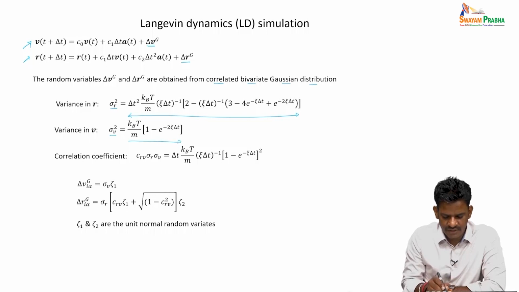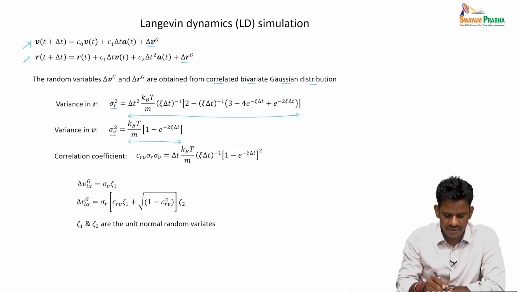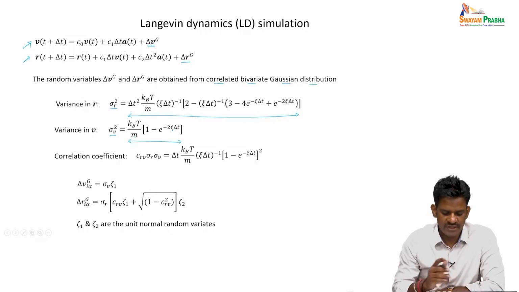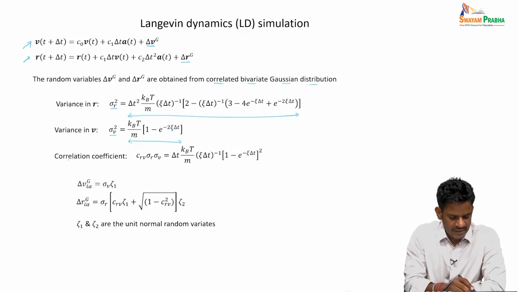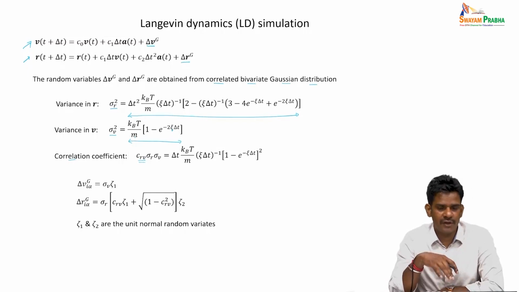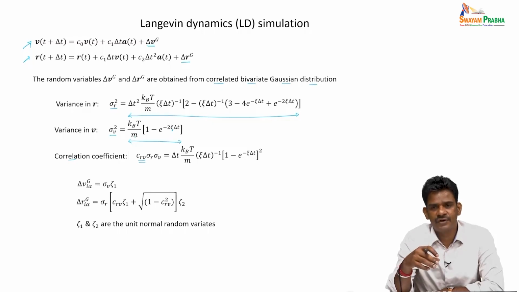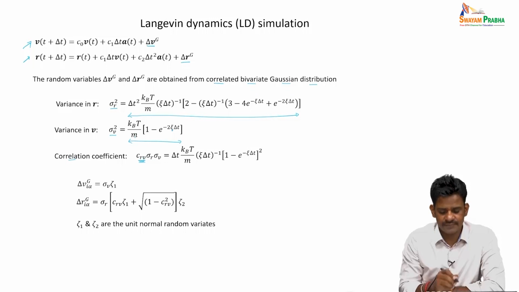Similarly, the variance in the velocity is also expressed in terms of mass, temperature and the friction coefficient. So, all these things you can calculate numerically for a given simulation. We also get a correlation coefficient between the position and velocity. So, in this particular algorithm, the random variables for the position and the velocity are not independent, but correlated, and the correlation coefficient is given by this.